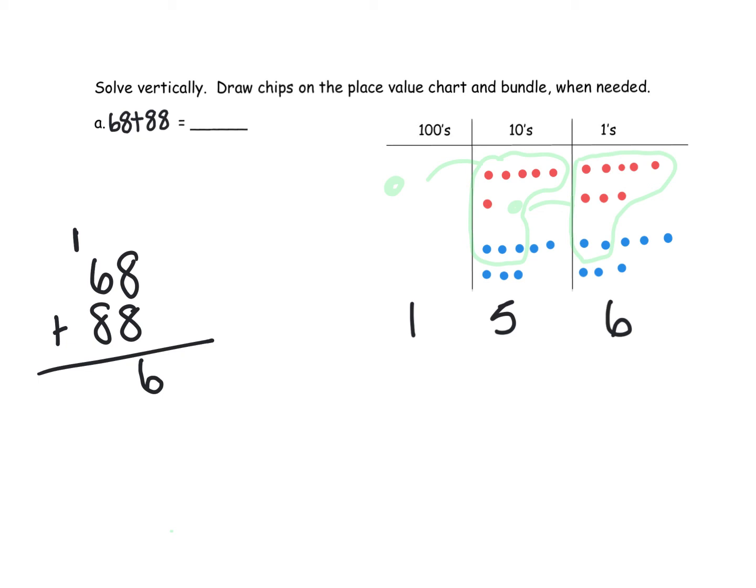When we add our tens, we have 15. So we'll put a 5 in our tens place and a 1 in our 100s place. And we bring down the 1 because there's no other hundreds it's being added to. And in all 3 of these examples, we see that 68 plus 88 is 156.